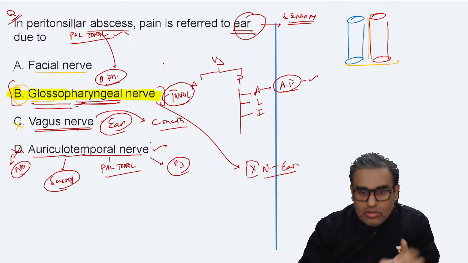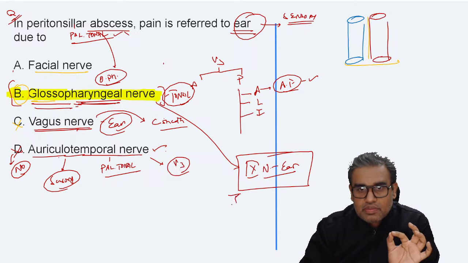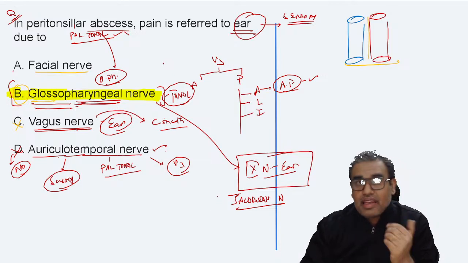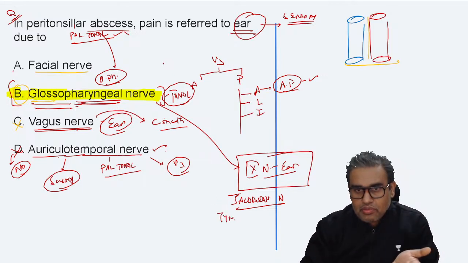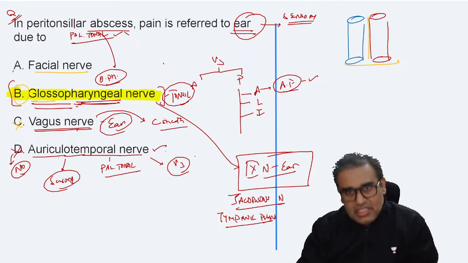I'm just asking you, ग्लॉसोफेरिंजियल नर्व का ईयर से कोई कनेक्शन निकाल पा रहे हो? Jacobson's नाम सुना है? Jacobson's nerve, ENT. Tympanic plexus सुना है? सब सुना सुना होगा. Tympanic plexus, जी हाँ, it is related to the ear, very much related to the middle ear.